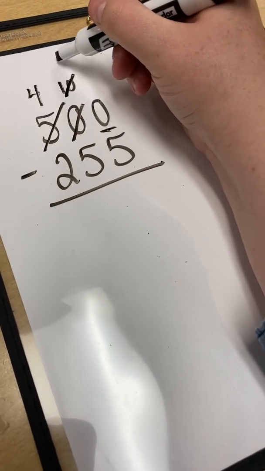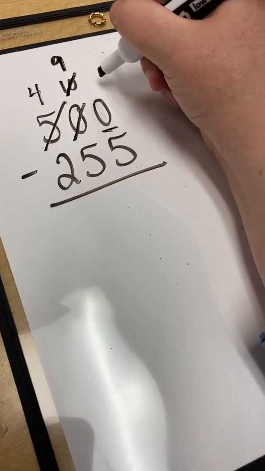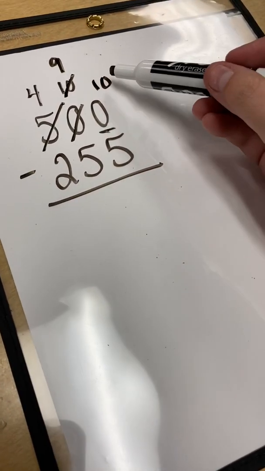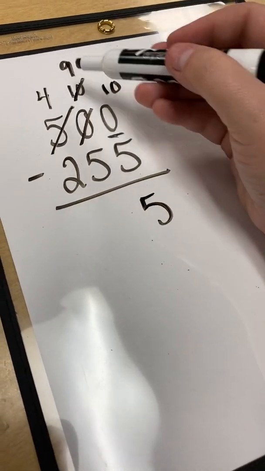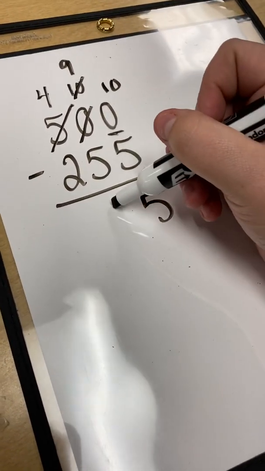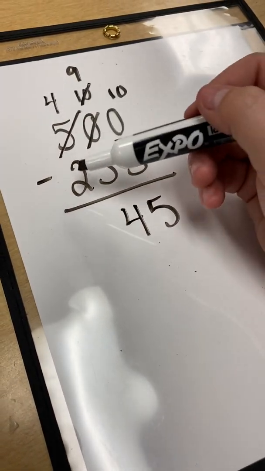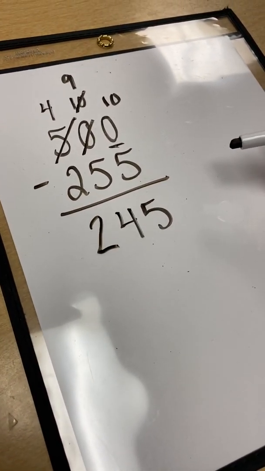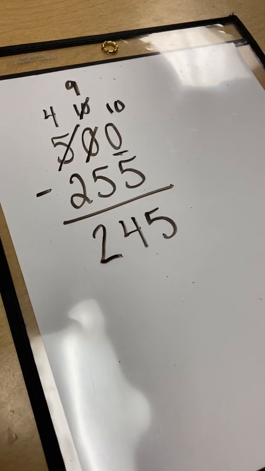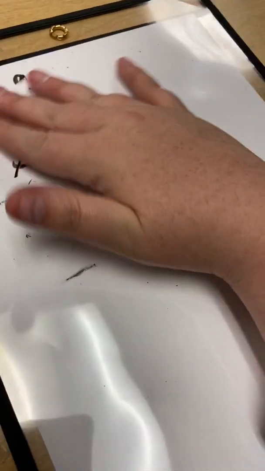So then the 10 will become a 9, and then my 0 will become a 10. So 10 minus 5, I can do that. It's 5. 9 minus 5, you're able to do that. It's 4. 4 minus 2 is 2. So you get 245.